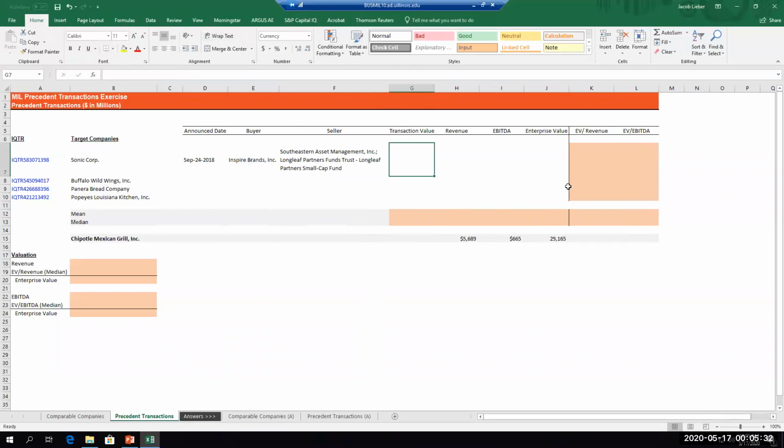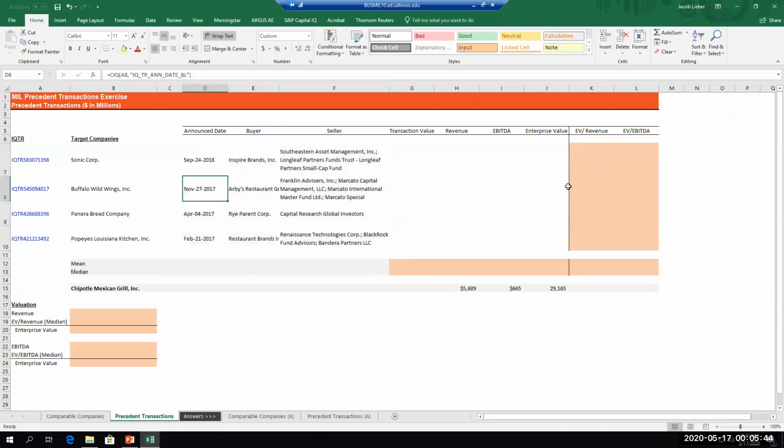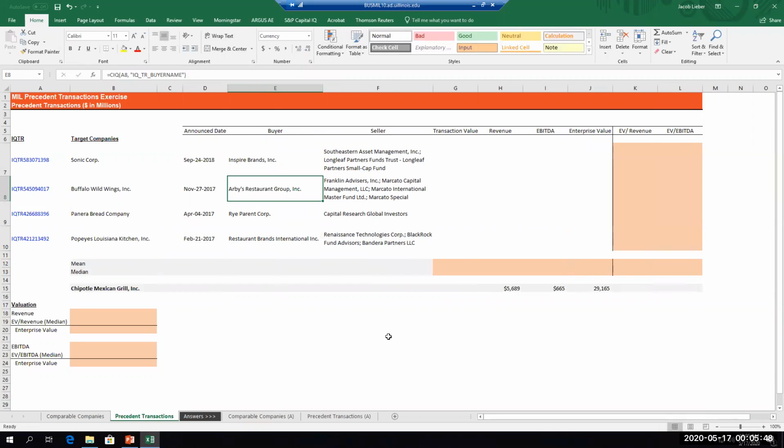Now we're going to go ahead and drop in the transaction value, revenue, and EBITDA for these couple deals after dragging the information down. So as you can see, we now have the buyers and the sellers of these target companies, and everything is formatted very nicely after we centered within the cell and wrapped the text, so we don't have this long string of text that is cut off.